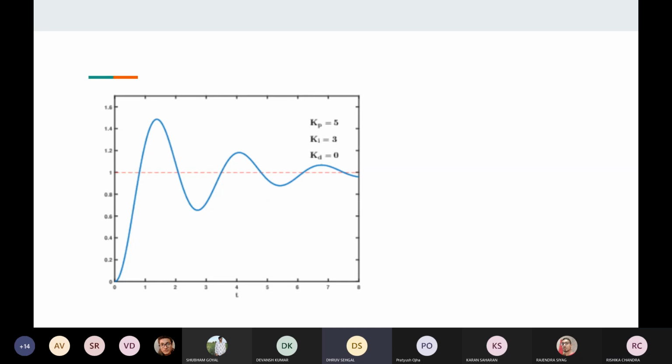You would need to balance these controllers so that you get a desired output. That's why you keep some constants, so that if I want to increase the effect of my proportional controller, I can always increase Kp. If I want to decrease its effect on the output, I can decrease the Kp, and similarly with other constants.